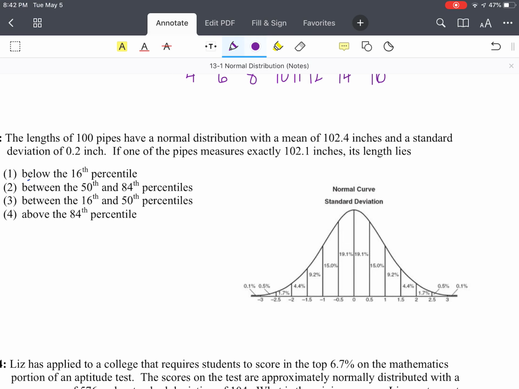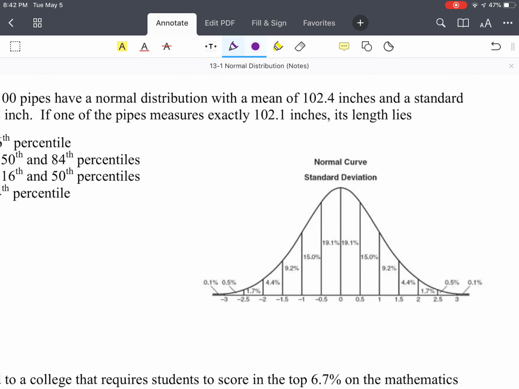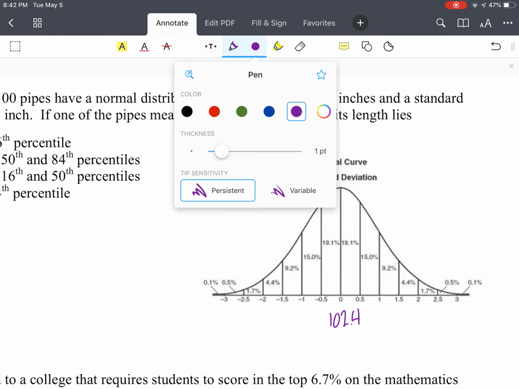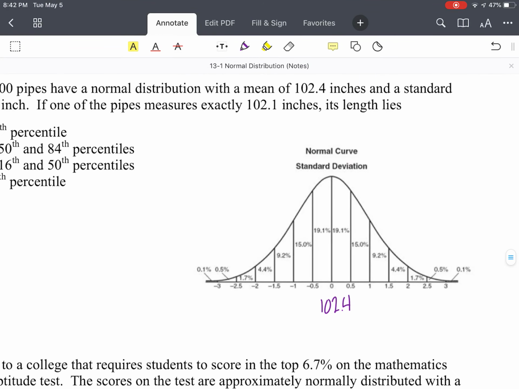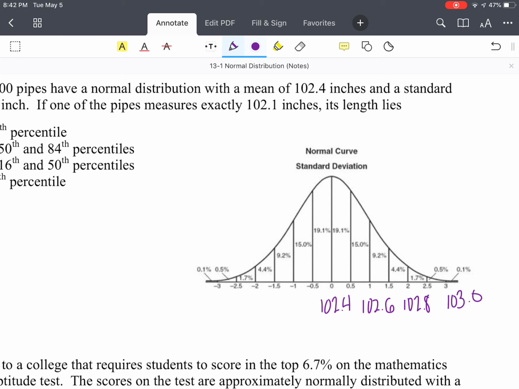So let's fill in what we got here. 102.4 is the mean, and the standard deviation is 0.2 inch. So let's fill in a few here. If I go to the 1, it's going to be 102.6. If I go to the 2, it's going to be 102.8. And then if I go to the 3, it's going to be 103.0.